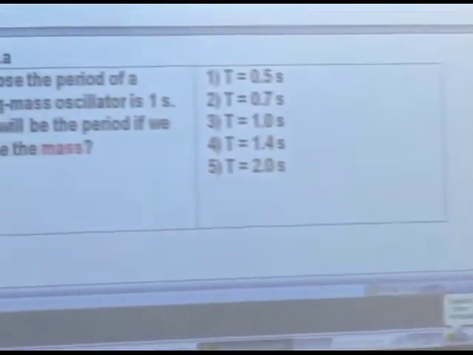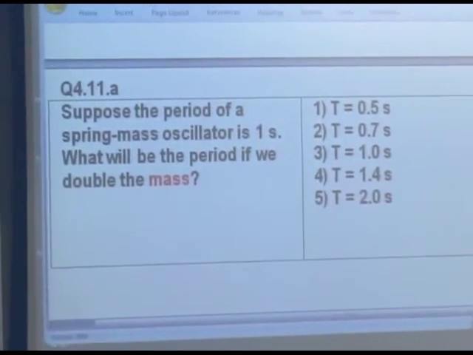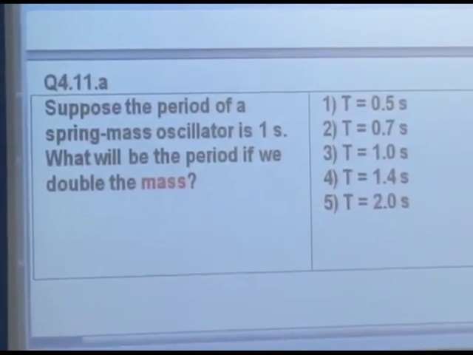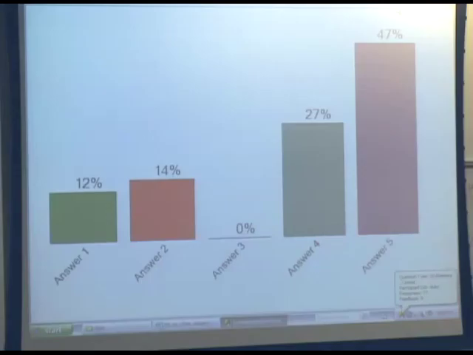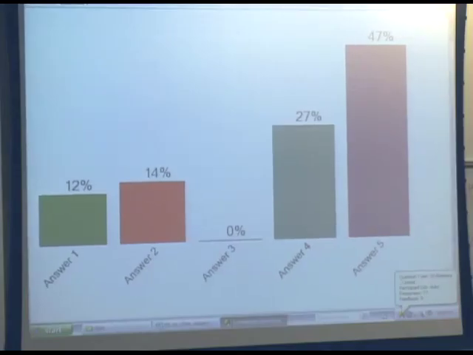Oh, we lost all those equations, didn't we? Let's write them over here. So omega is 2 pi over the period. Well, period is 2 pi over omega, right? And the frequency is 1 over the period. Okay, so definitely not 3.